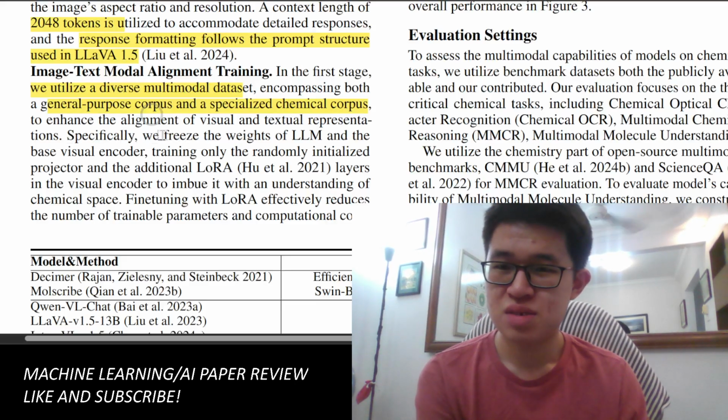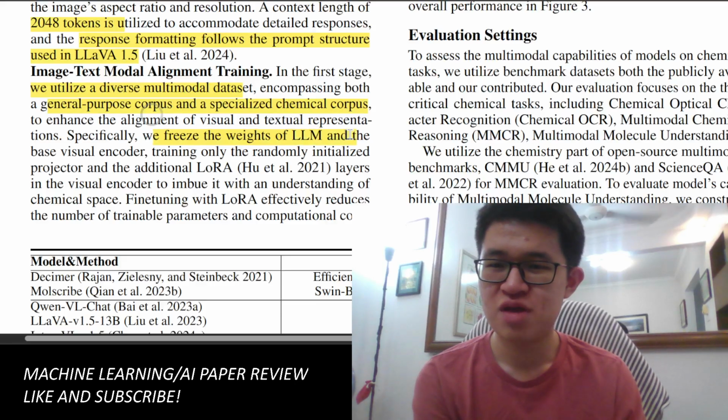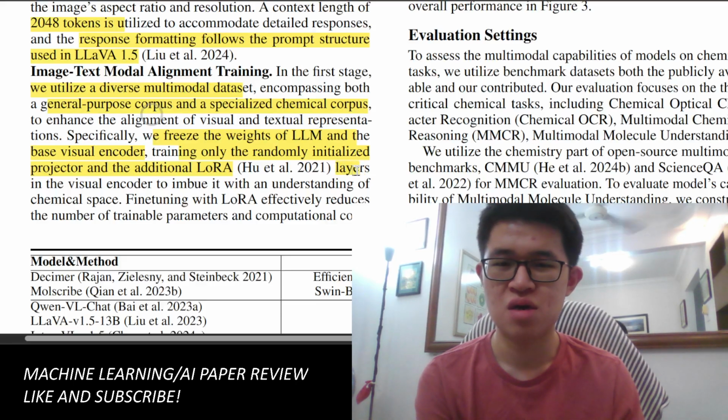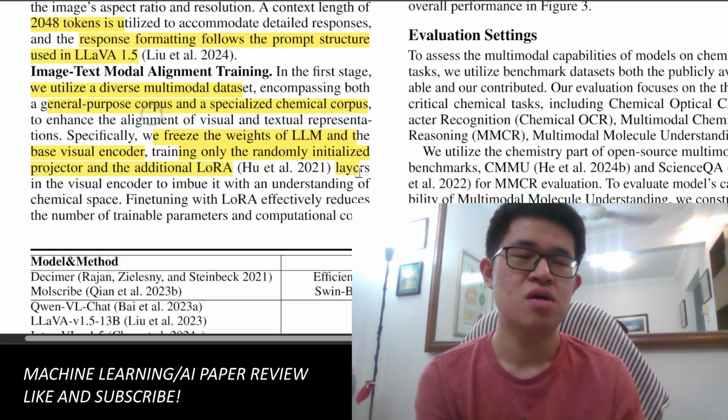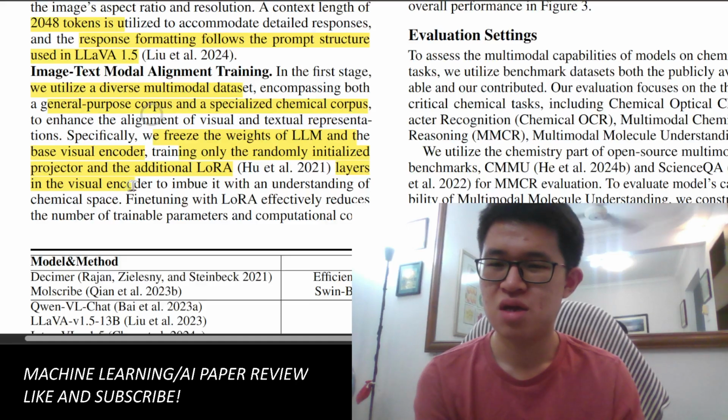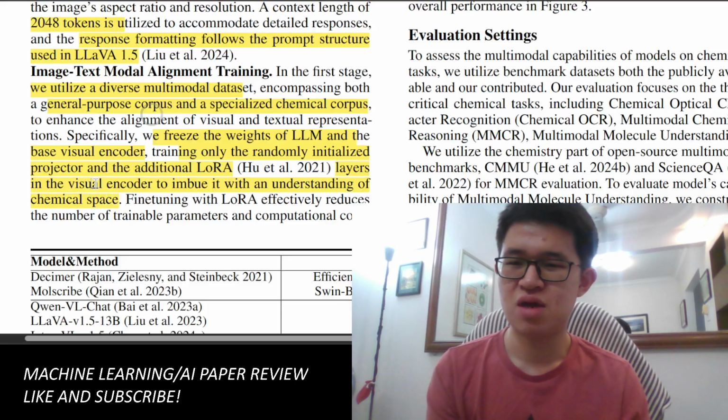They freeze the weights of the LLM and the base visual model and only train the randomly initialized projector and the additional low rank adaptation layers in the vision encoder to make it understand the chemical space.